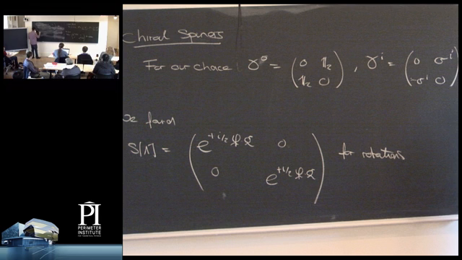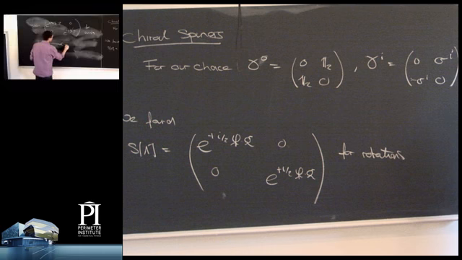So this is block diagonal. So this is a reducible representation of the Lorentz group.